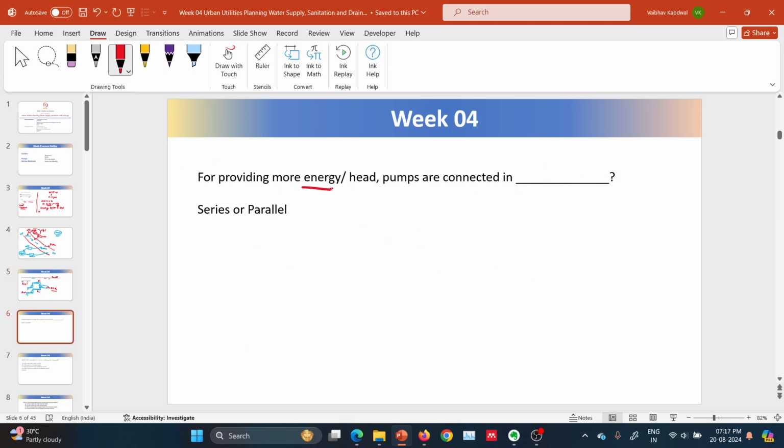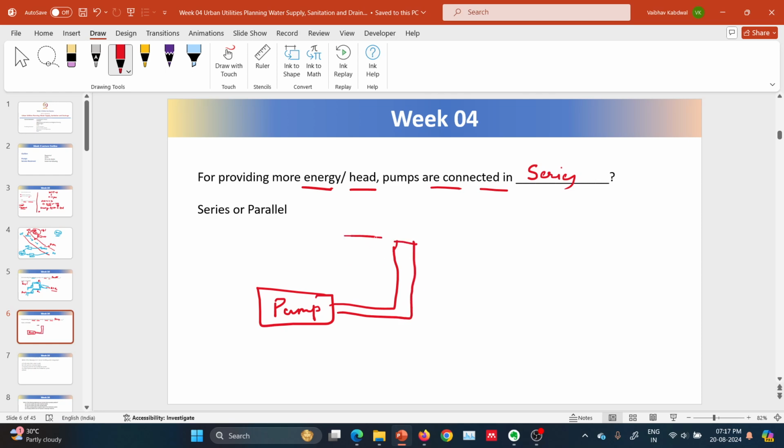For providing more energy head, pumps are connected in series. Likewise, if I make like this, this is pump 1. It can supply water till this height. Let's say this is H1.